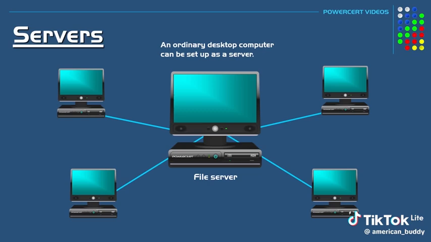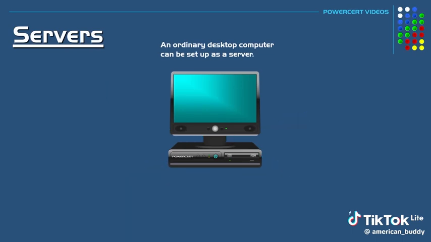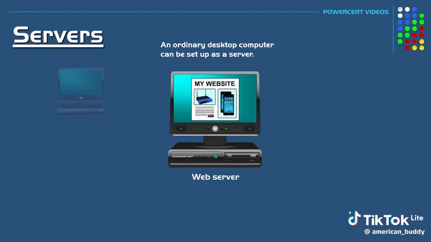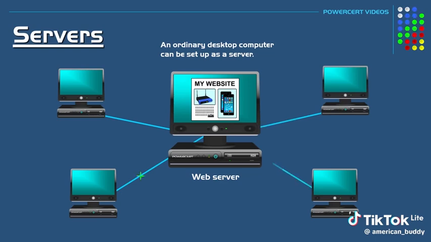The computer would have those files in a shared folder, and then other computers can connect to it to access those files. Or you can use a desktop computer to serve as a web server, where you would install the website data on that computer, and then the other computers can connect to it and retrieve the web page.